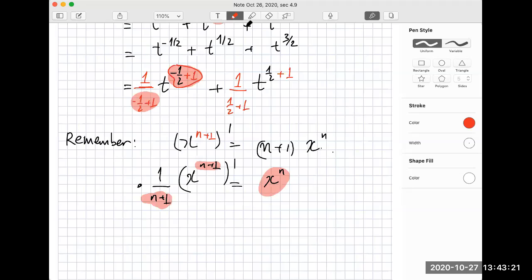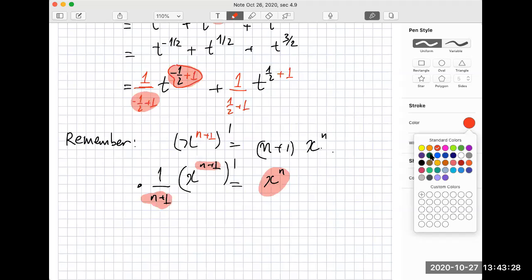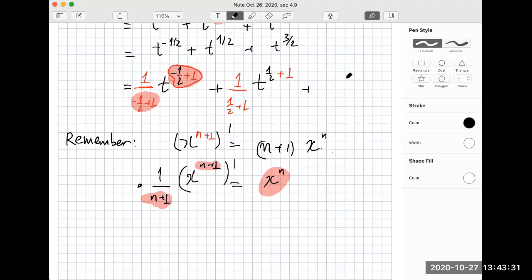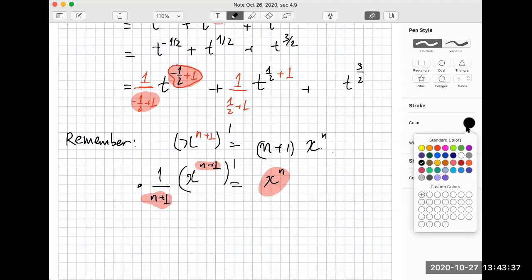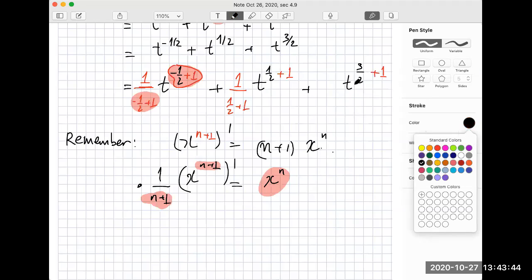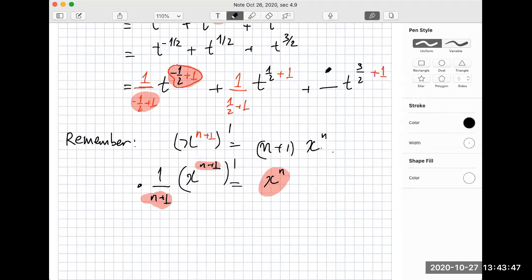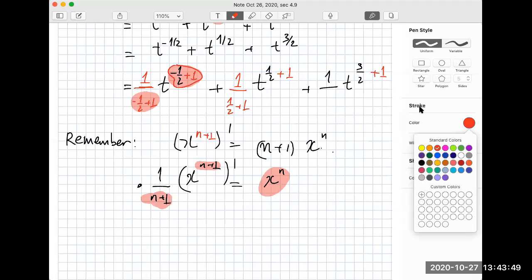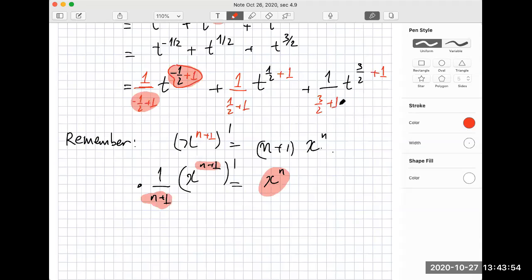We're good, right? Very well. Then the last term. Here is t to the 3 over 2. Then the antiderivative of this, it will be 3 over 2. Then we need to add 1 here. Then the same story, the parameter here will be 1 divided by the power of this. It will be 3 over 2 plus 1. Okay?